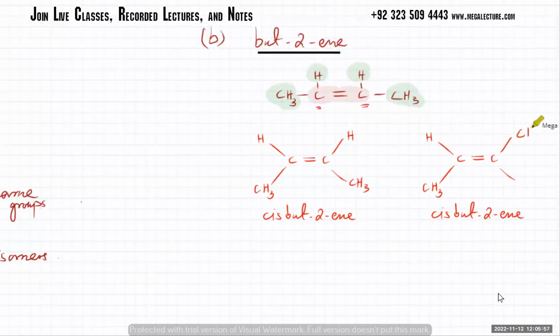The CH3 is pointing upwards and the H is pointing downwards. So instead of cis, this is a trans version. And remember that these two molecules are completely different molecules. It's not that one molecule is turning into another.